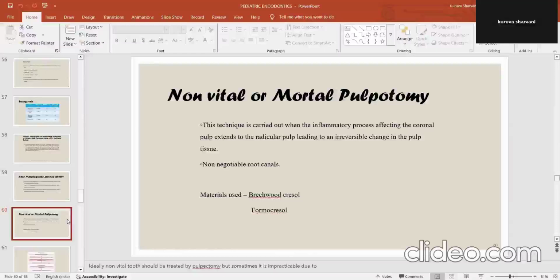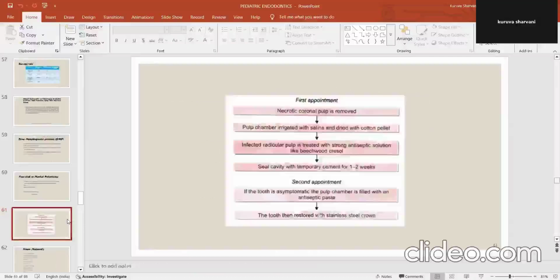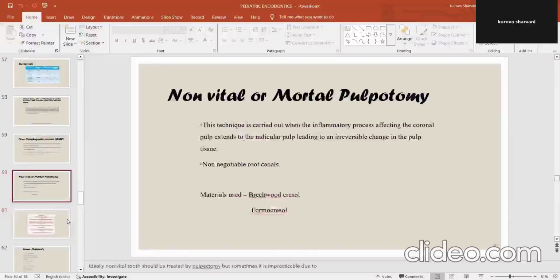Coming to non-vital or mortal pulpotomy, the materials used here are Buckley's formocresol or cresol. When are we going to do this technique? This technique is carried out when the inflammatory process affecting the coronal pulp extends to the radicular pulp, leading to irreversible damage to the pulp.